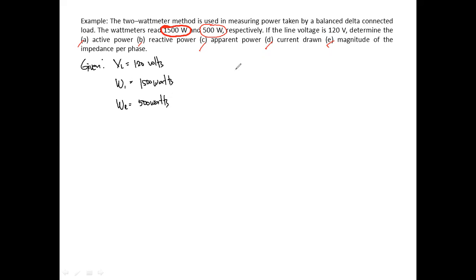For the active power P, from the previous discussion, the total power drawn using two wattmeters is equivalent to the sum of the readings, so P is 1500 plus 500, which is 2000 watts.